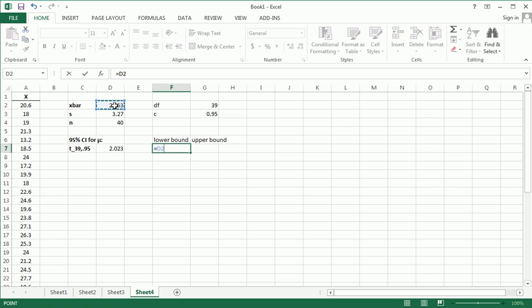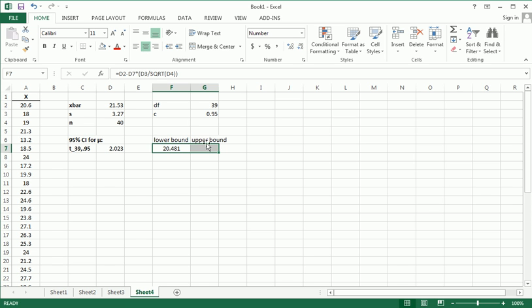X bar minus, and then the T critical value we just calculated, times, in parentheses, S divided by the square root, that's how you do square root, of the sample size. So close the square root function, close the fraction parentheses. Let's double check our parentheses match up, hit enter. That is the lower bound of our confidence interval.